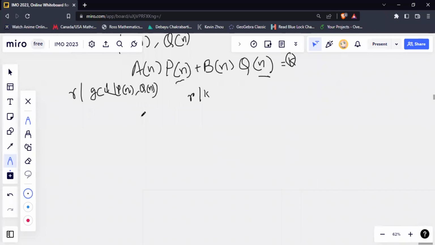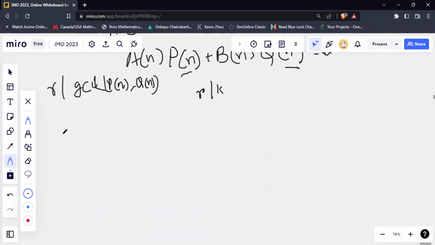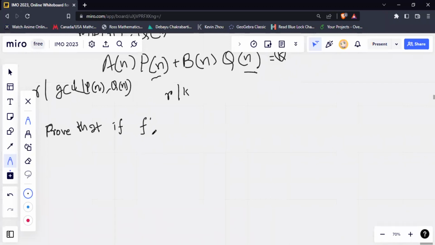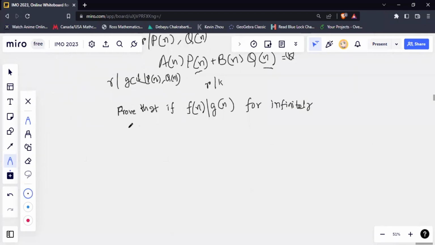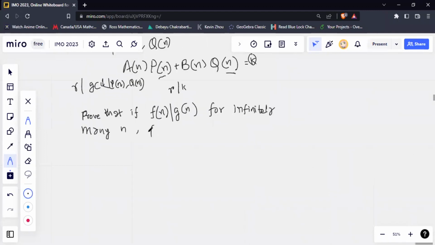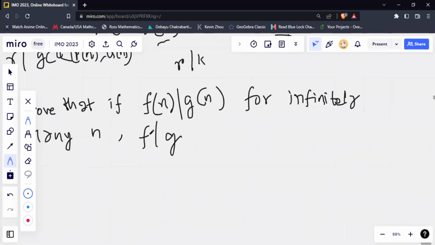Now, another problem in the same spirit. Prove that if f of n divides g of n for infinitely many n, then f divides g.